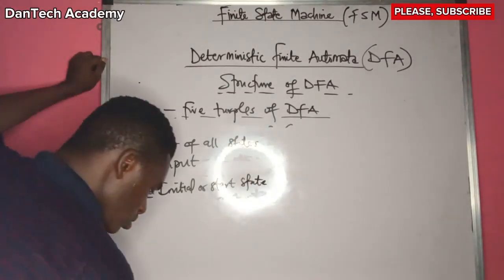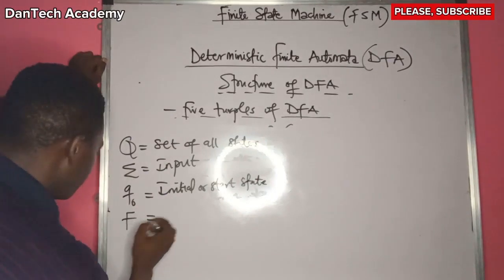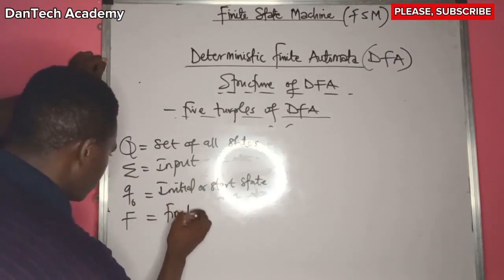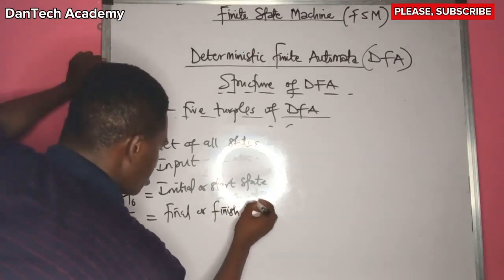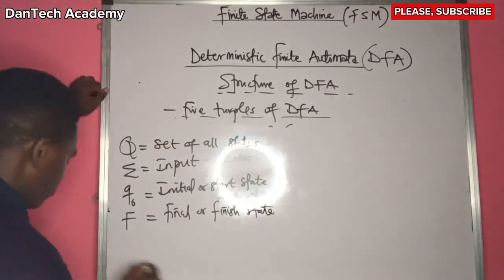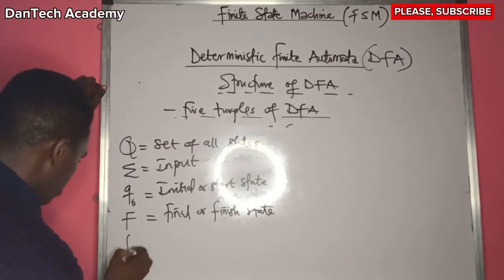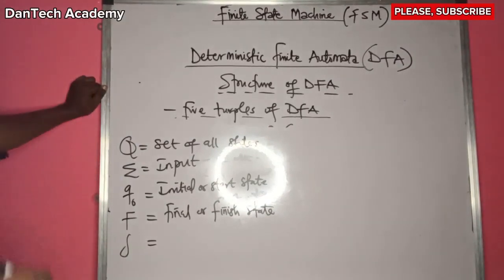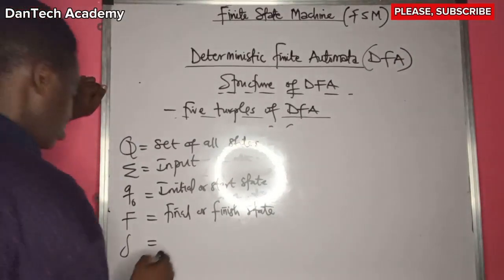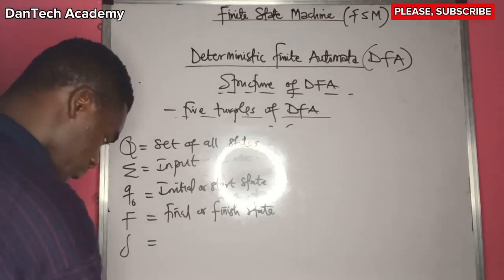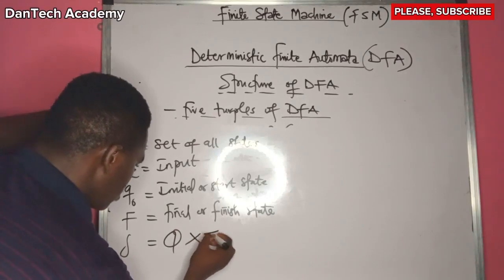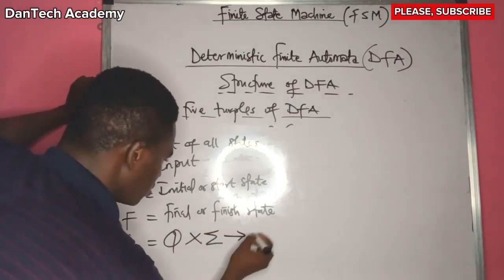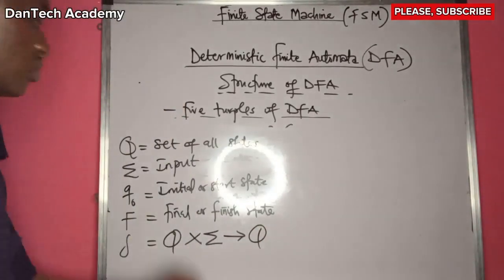F is the final or finish state. And we round it up with the transition. I'm going to explain this later with a transition diagram.